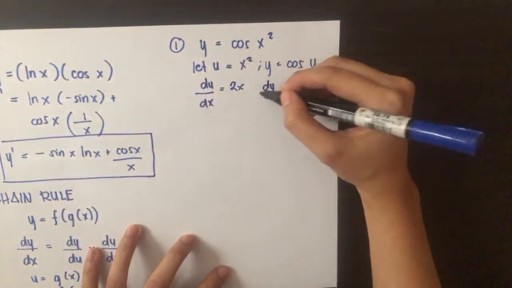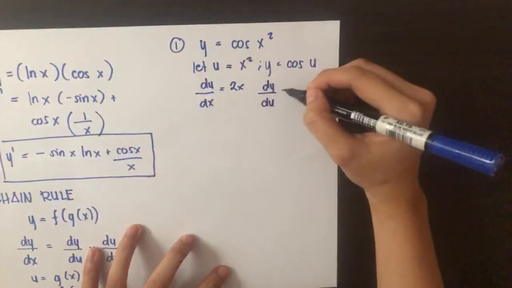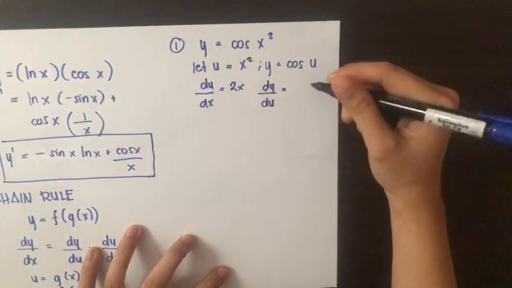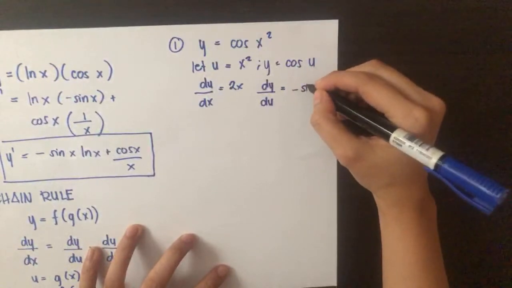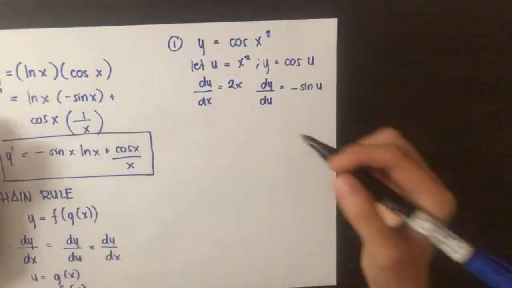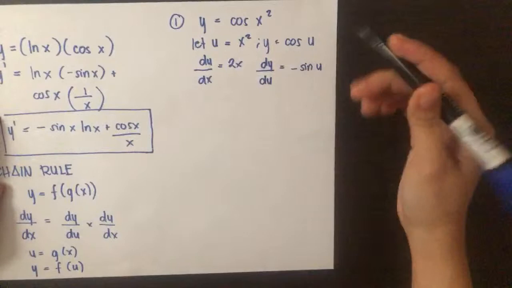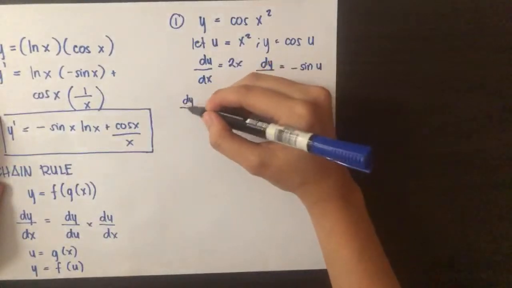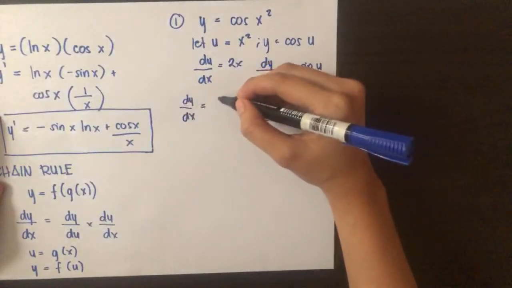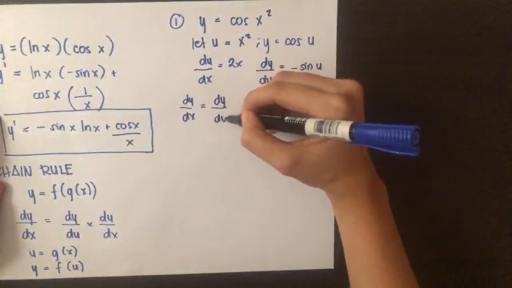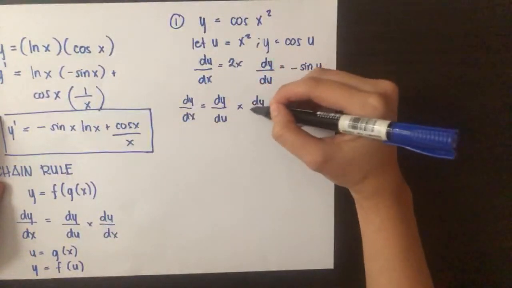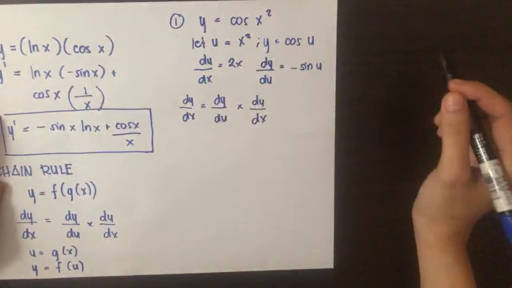And dy with respect to u is equal to negative sine u. So, sa-substitute ko lang siya sa formula ng chain rule, which is dy over dx is equal to dy over du times du over dx.